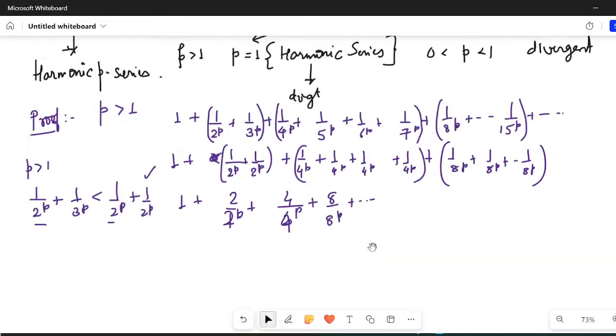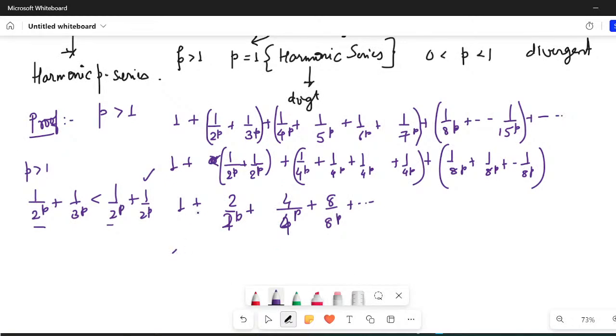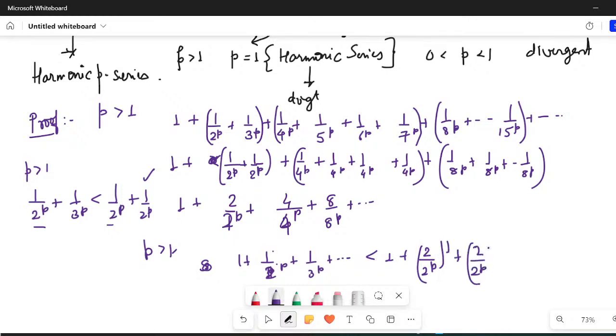Or in other terms, I can also write it in this fashion: for p greater than 1, the given series that I was calculating, 1 plus 1 upon 2 to the power p plus 1 upon 3 to the power p and so on, is less than 1 plus 2 upon 2 to the power p raised to power 1 plus 2 upon 2 to the power p raised to power 2 plus 2 upon 2 to the power p raised to power 3, and so on and so forth.